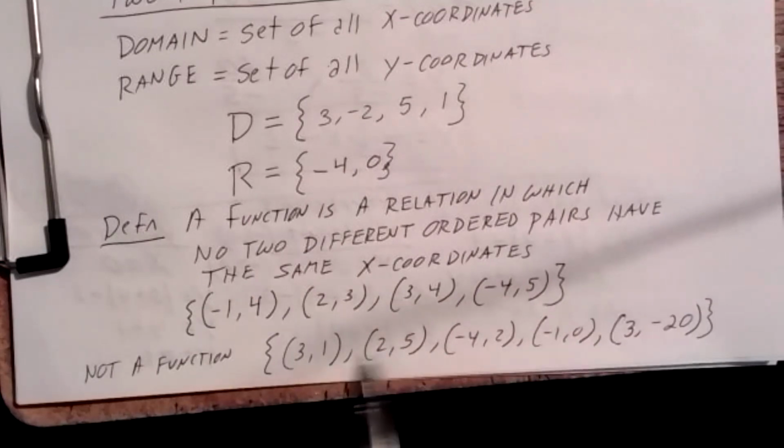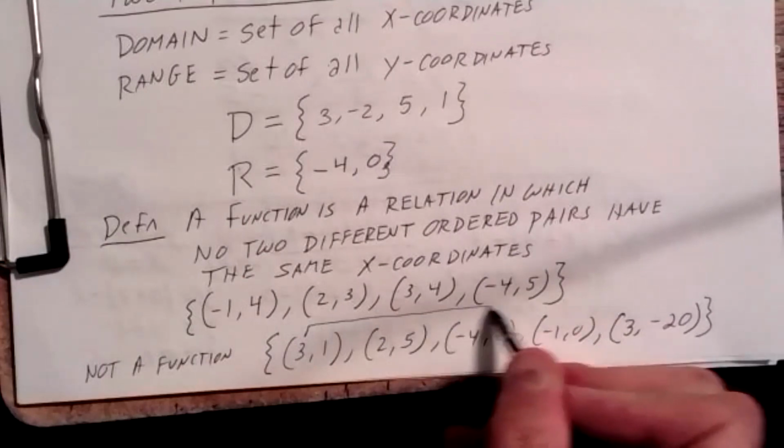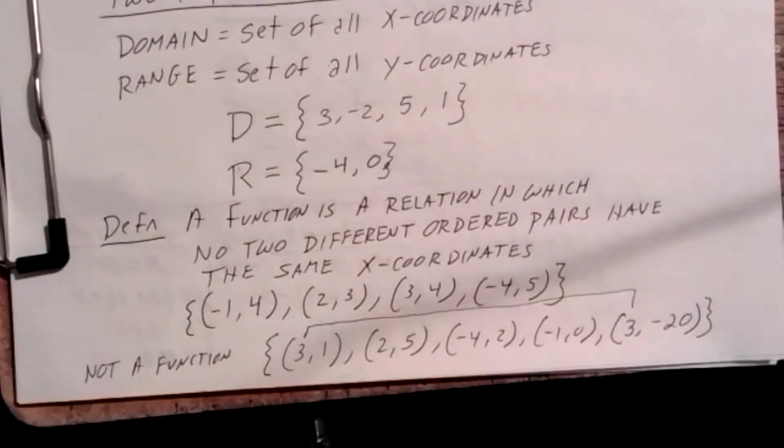The 3 repeats. You got two different ordered pairs with the same x coordinates. For that reason, this is not a function. It's just a relation. So all functions are relations, but not all relations are functions.